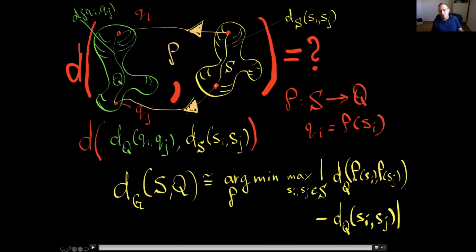So what you'd like to do is take all points from S and find a mapping rho into Q, so that the geodesic distance between point I on S and point J on S would be as close as possible to point I on Q and point J on Q. Okay, so this rho, this continuous rho, which is bijective, is what we are looking for.